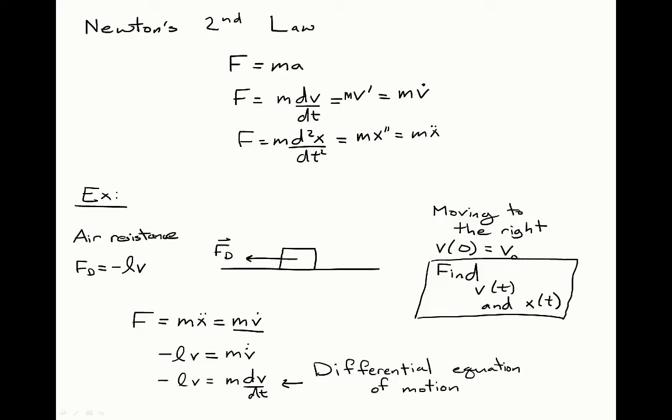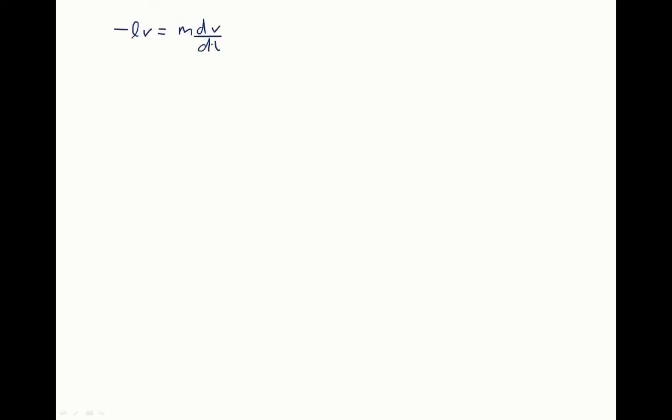This is a separable differential equation. After you find velocity as a function of time, you can integrate to get position as a function of time. You can just leave an integration constant for now, and after we have that form written out, then we'll use the initial conditions.